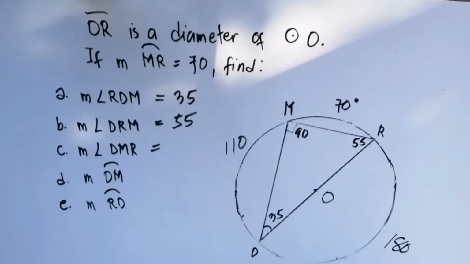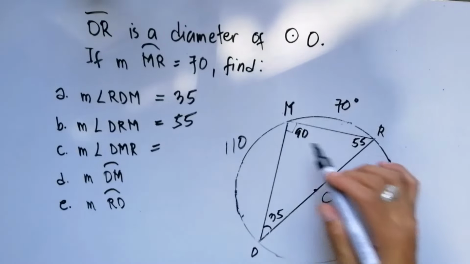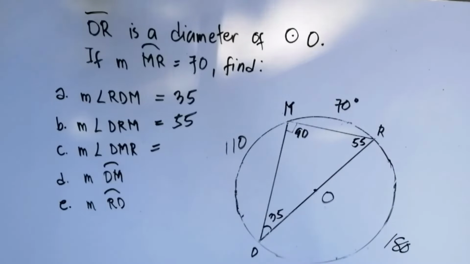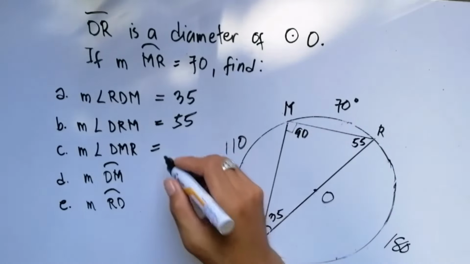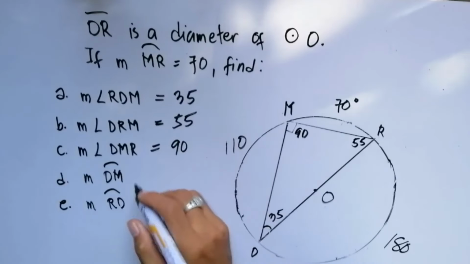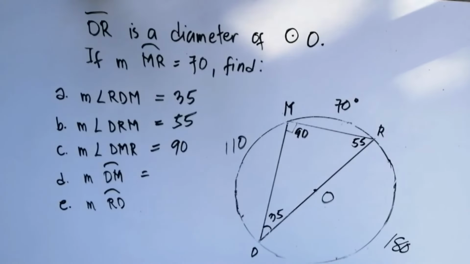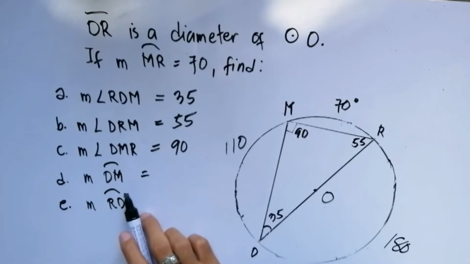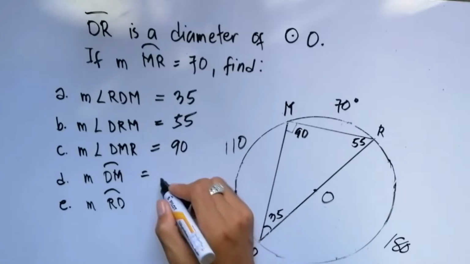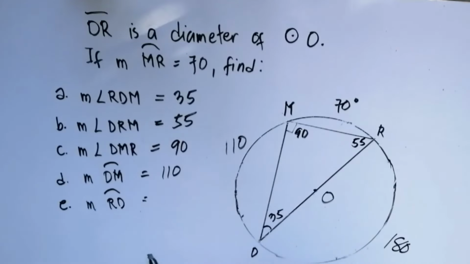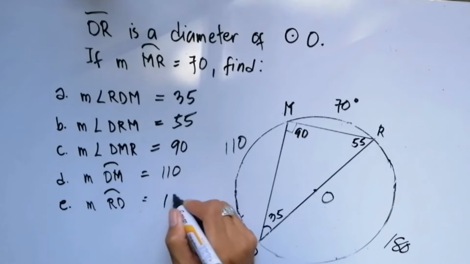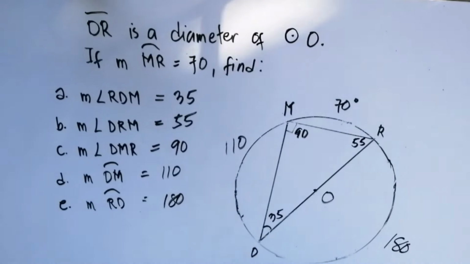Then the measure of angle DMR is equal to 90. The measure of arc DM is equal to 110. And the measure of arc RD is equal to 180.